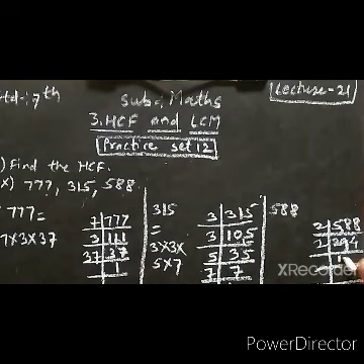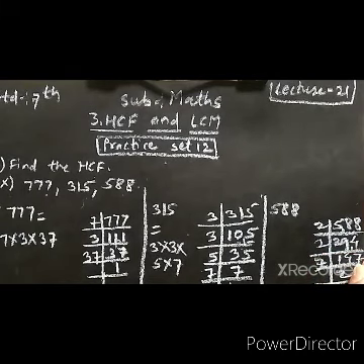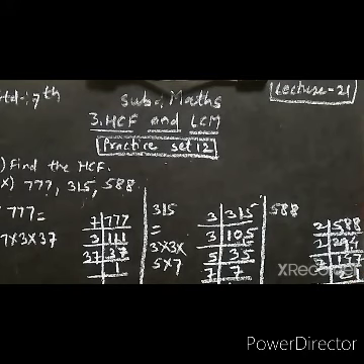2 1s are 2. Now 2 4s are 8. 9 minus 8, that is 1 remain. 1 and 4, that is we got 14. 2 7s are 14. Now 147. See, the last digit is 7, which is divisible by 7. 7 2s are 14. 7 1s are 7. 7 3s are 21 or 3 7s are 21 and 3 1s are 3.